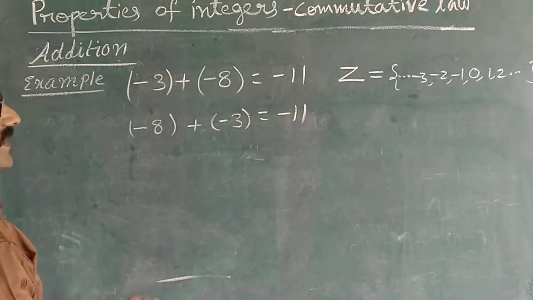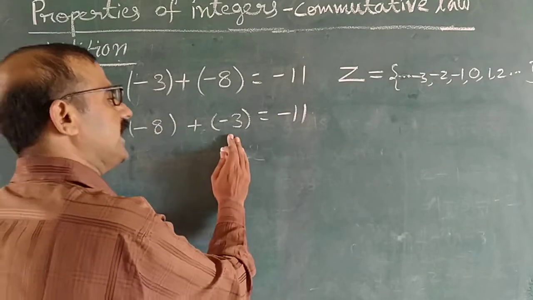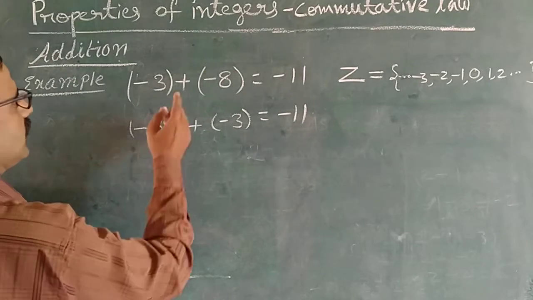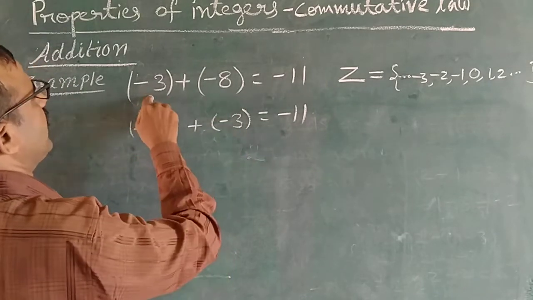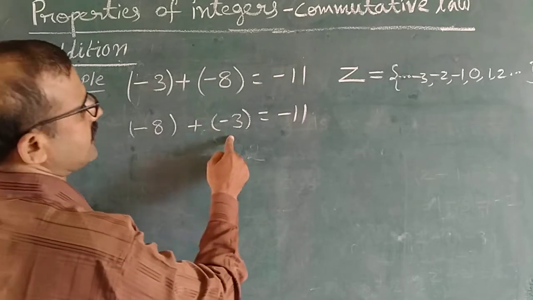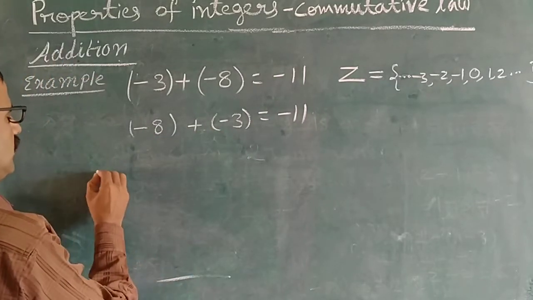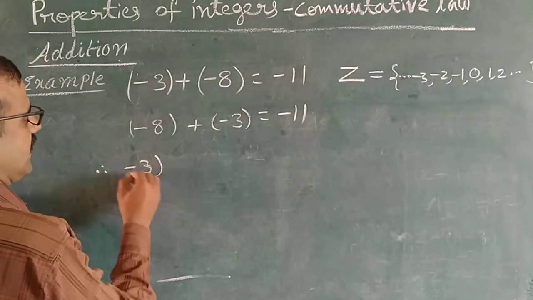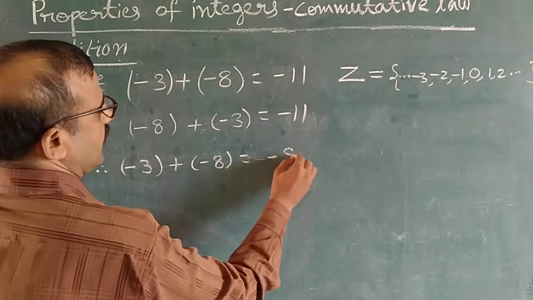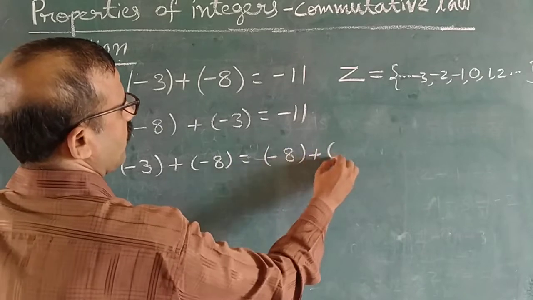This is not multiplication, it is addition. Addition of two negative integers is negative. So irrespective of the order, minus 3 plus minus 8 is minus 11, and minus 8 plus minus 3 is also minus 11. Therefore, minus 3 plus minus 8 equals minus 8 plus minus 3.